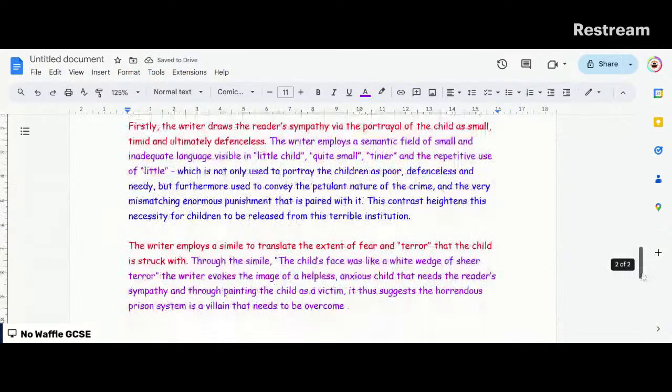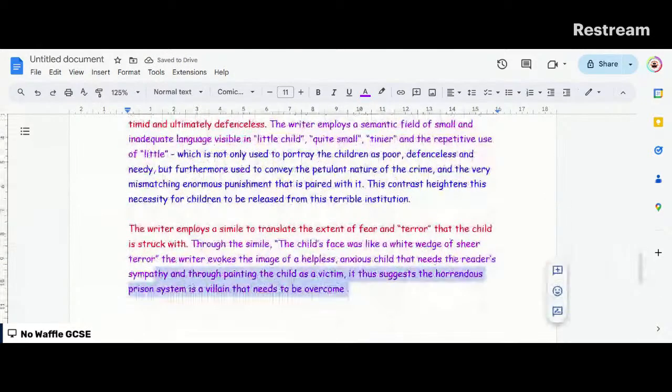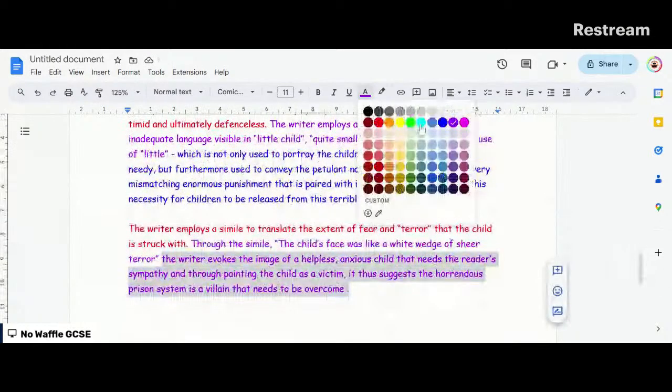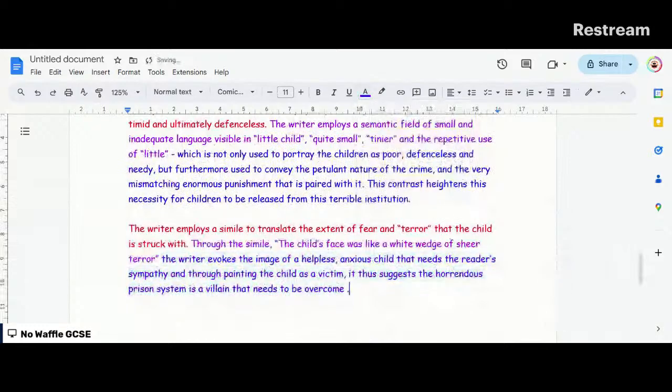Okay, so there was the analysis towards the end, so I will change color there. And then we can say, as our point, our zoom in, we can see alliteration in the white wedge.